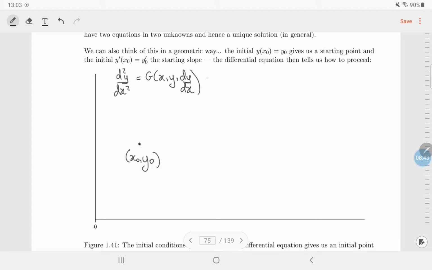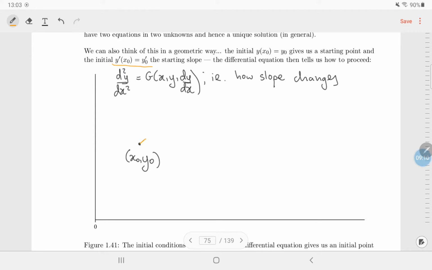If the first derivative is the slope, how y changes, then the second derivative is how the slope changes. We have an initial slope that's actually given in the initial conditions there.